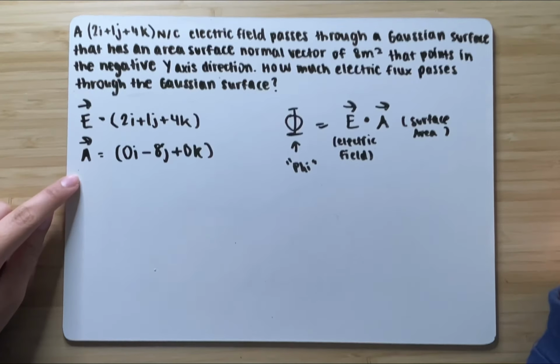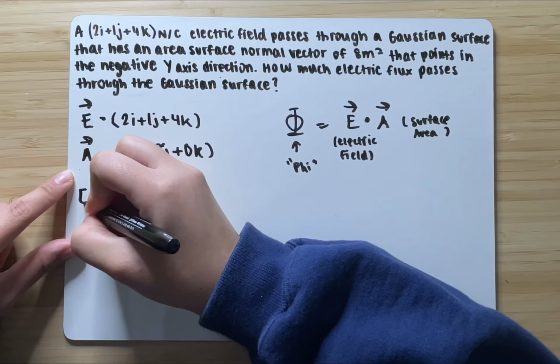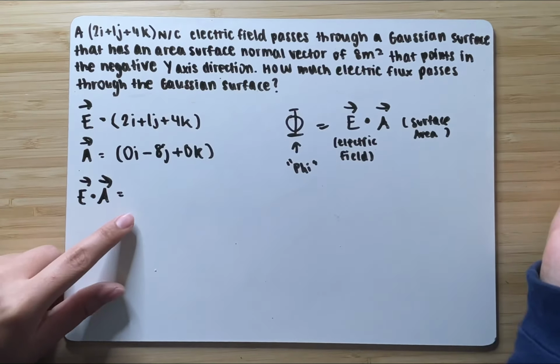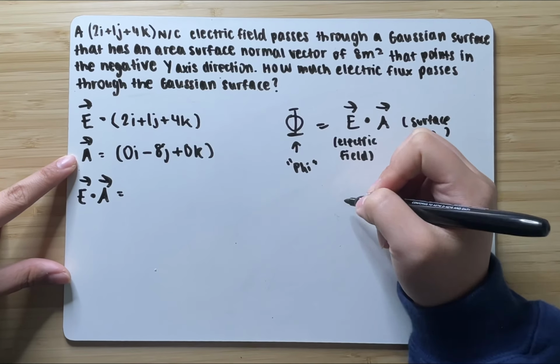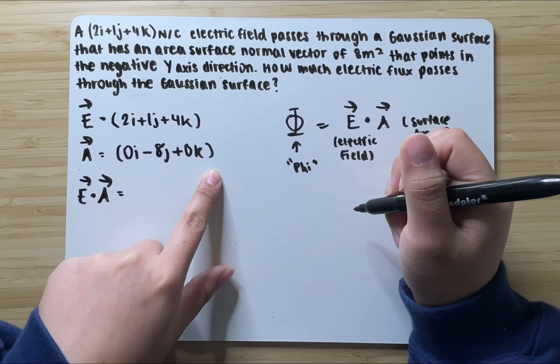Okay? Now we want to find the dot product between E and A. And when you find dot products, you're going to multiply them, but then the result is going to be a scalar. So scalar means that it's just going to be one number. Vector means that you have ijk format, okay?